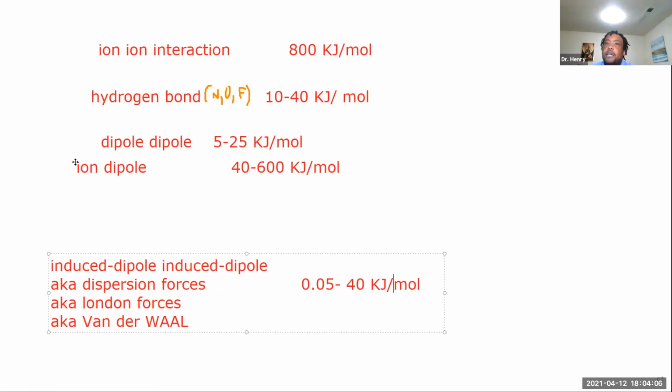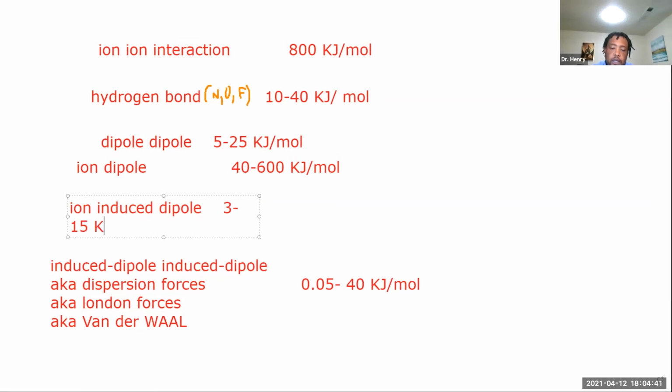So we have ion dipole. We also could have induction by ions, right? So we can induce by the ion as well, so we can go ion induced dipole. This guy is going to be 3 to 15 kJ per mole.